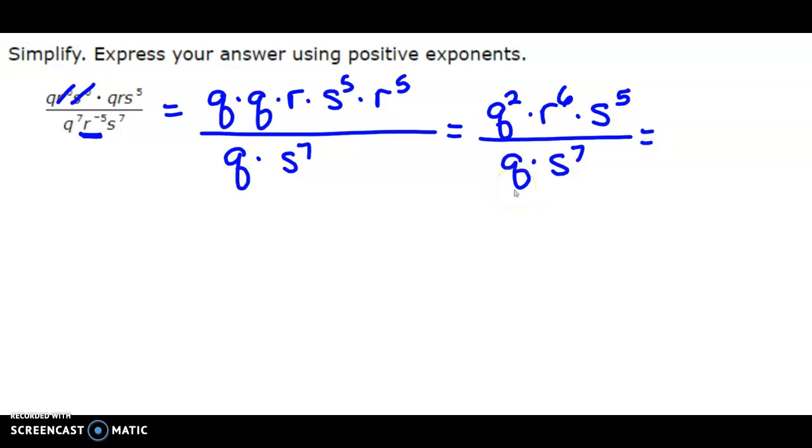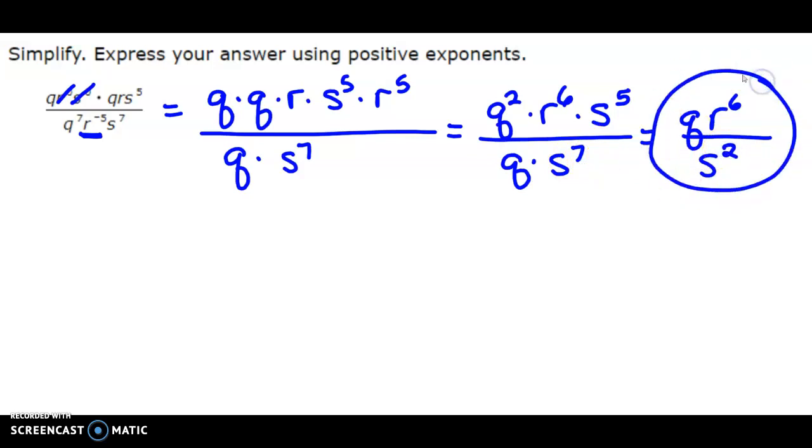For the q's, the top has one more, so the top is going to keep one q. For the r's, the top has 6, the bottom has none, so the top has 6 more. And for the s's, the bottom has 2 more, so s to the 2nd on the bottom.